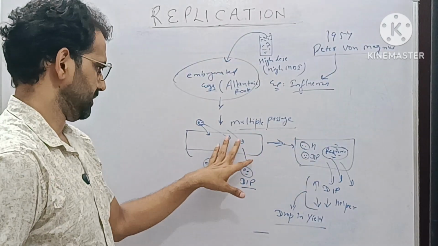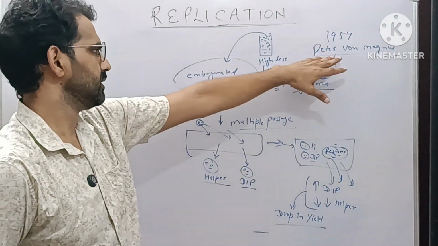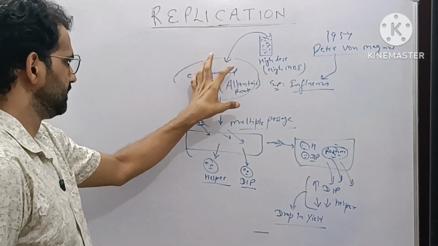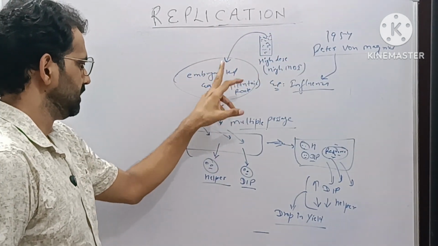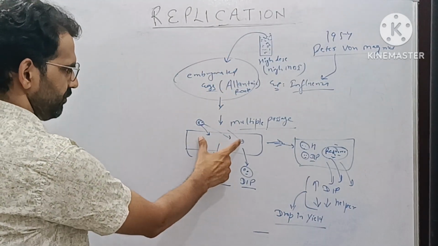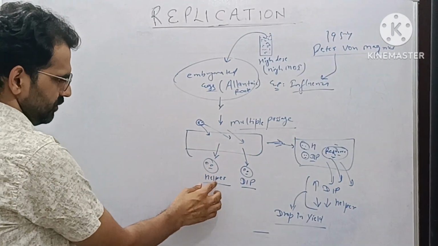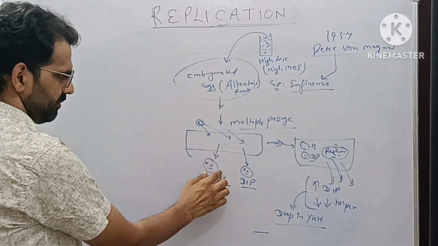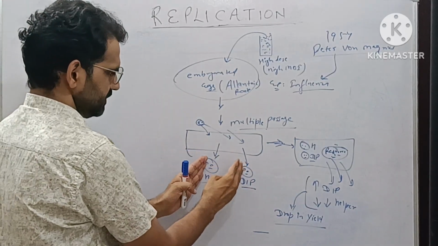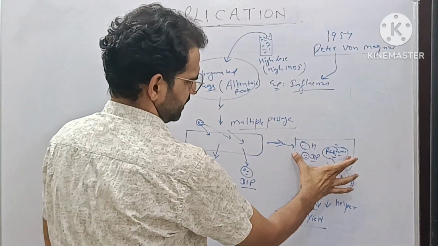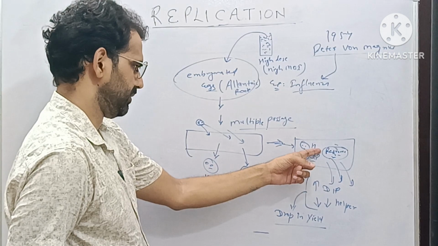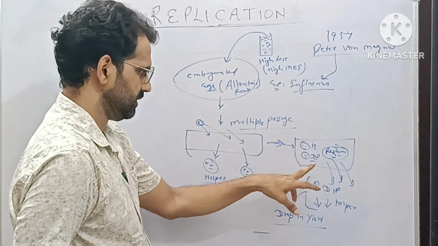We'll discuss these two steps in detail, but in short, Peter von Magnus took a high dose of influenza virus and embryonated eggs, and passed these viruses multiple times. He found that not only the normal infectious viral particle comes out, but some defective particles also come out. When these particles again infected the cells, one is helper, one is normal, one is defective.